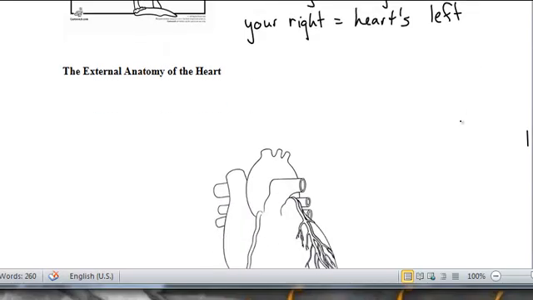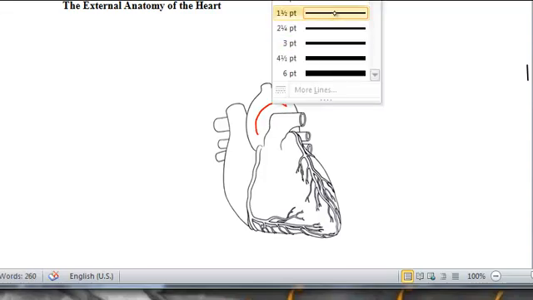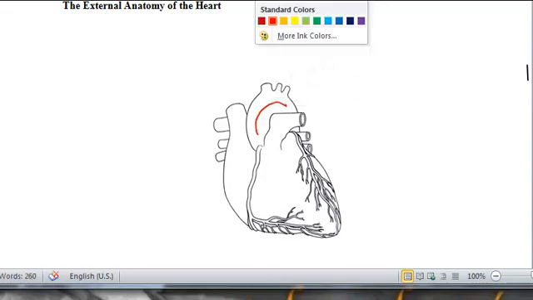So now we're going to look at the key features, external features of the heart. And we'll start here with this portion, which is the aorta.